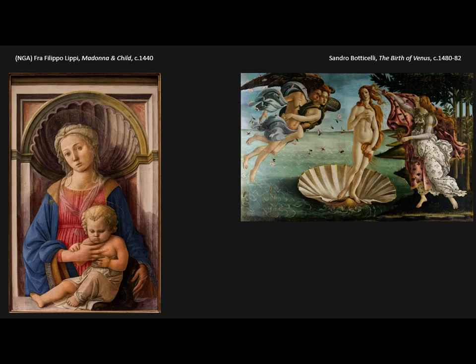The idea of this association comes from the fact that Venus was also believed to have been born by the association of gods and the earth, and born miraculously from the sea, and floated to shore on a conch shell, very much like the one we see behind the Madonna and Child.